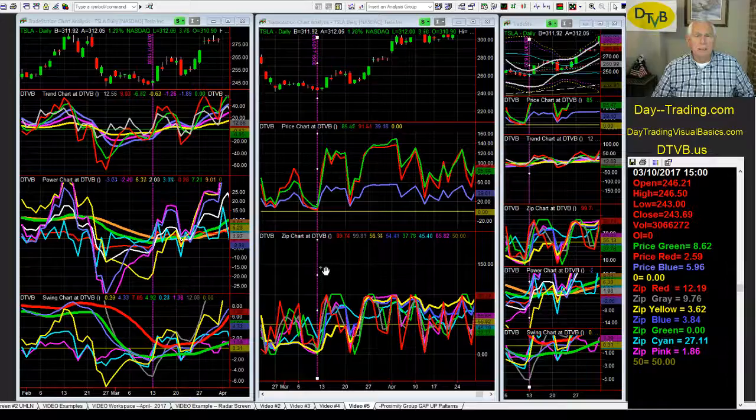It's those twin yellow lines together when they're lowest and moving up that tell us an uptrend is taking place.